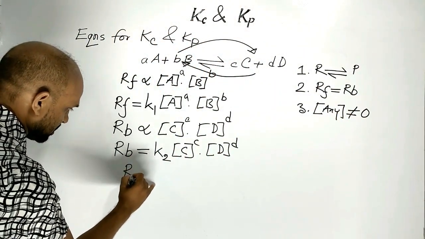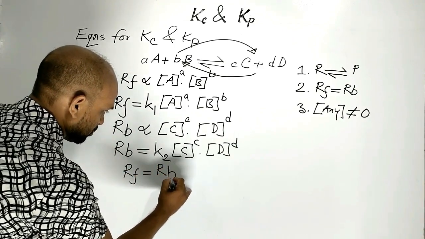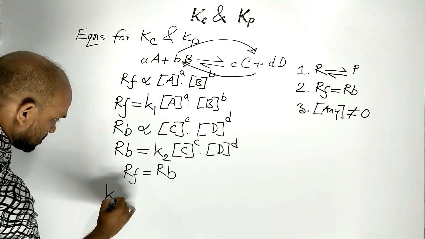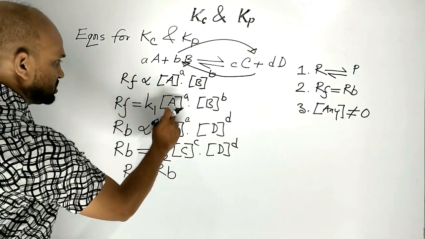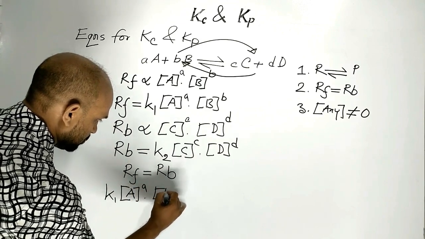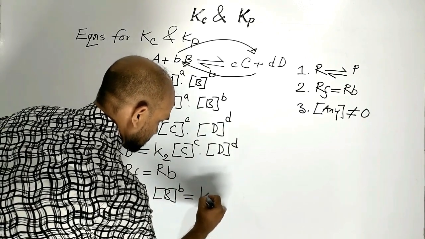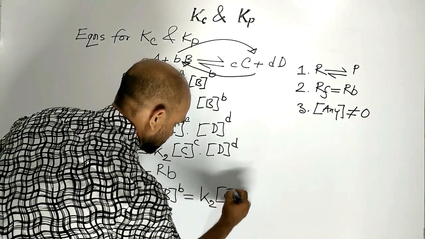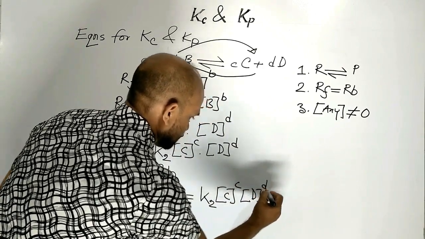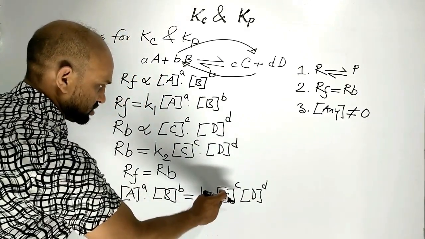Then we can write K1, concentration of A to the power a into concentration of B to the power b is equal to K2, concentration of C to the power c into concentration of D to the power d. Square bracket indicates concentration of component.